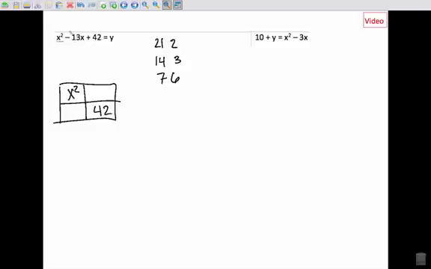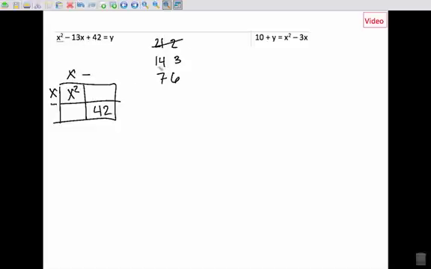But I notice we have a negative sum. So that means if x and x go there, both of these numbers are going to have to be negative so that they create a positive product and a negative sum, because only a positive times a positive or a negative times a negative will create that positive product. So I need 2 negative numbers that add to negative 13.